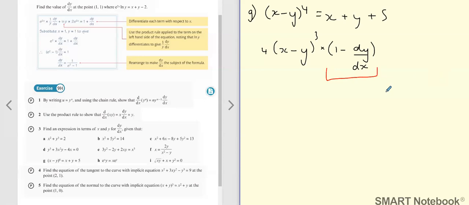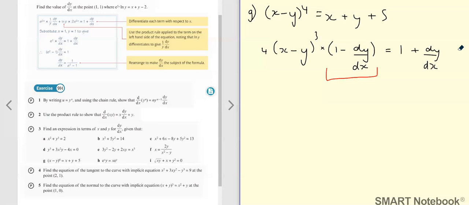Okay, did you do that? Did you make that mistake or did you avoid it? And then the rest of it I think is fine. 1 plus dy by dx plus 0. So when you differentiate 5, you obviously get 0. Okay.